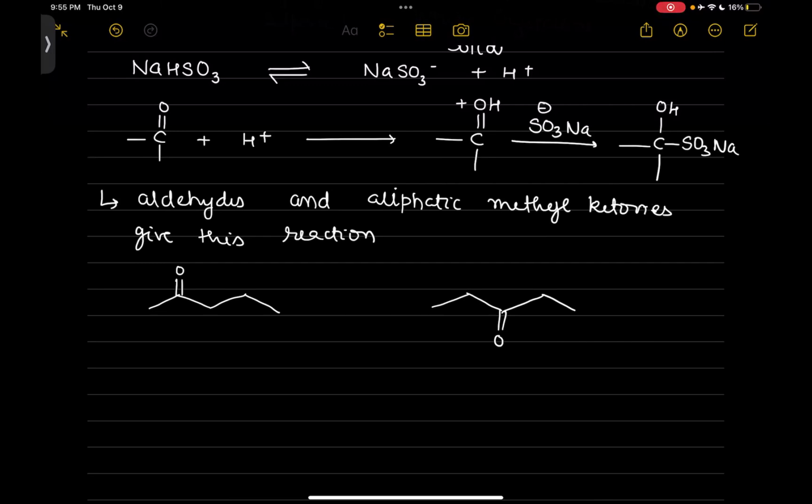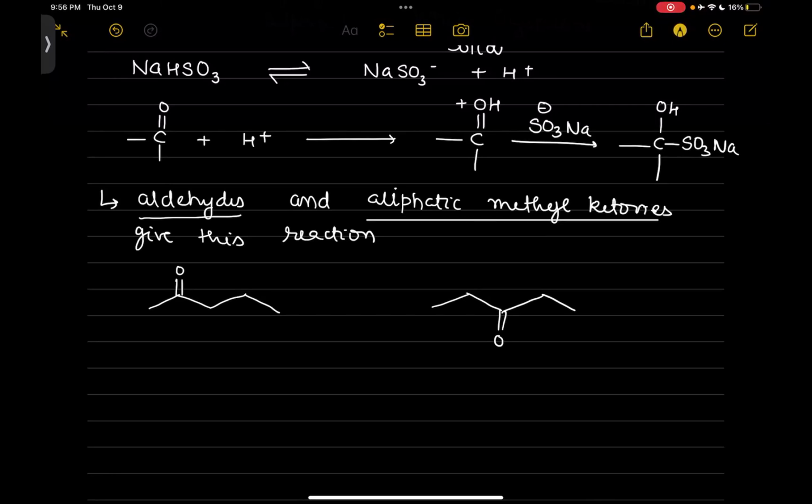So tell me, which will react and which will not react, right? Look, aldehydes can react easily. Look here closely, because aldehydes are more reactive than ketones. Among ketones, only aliphatic methyl ketones react.